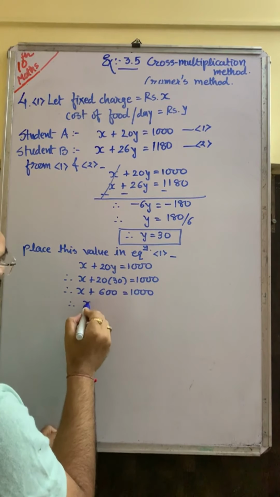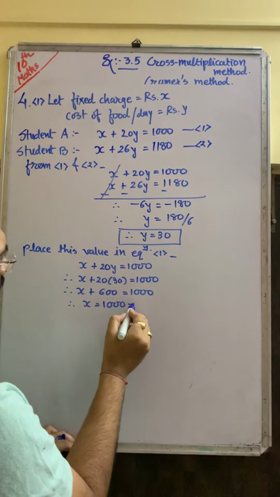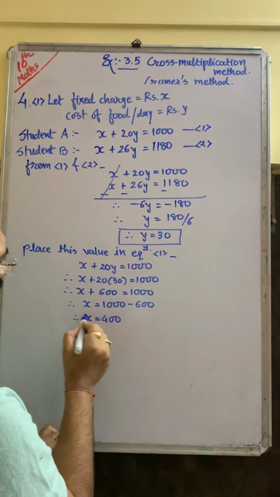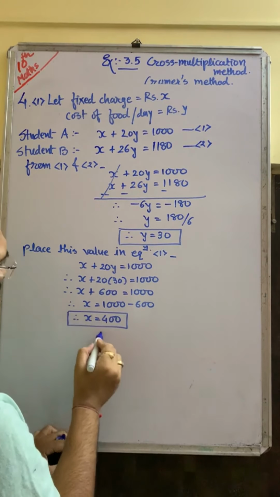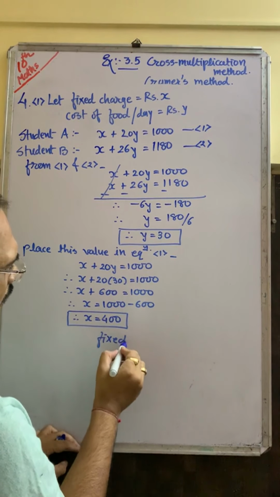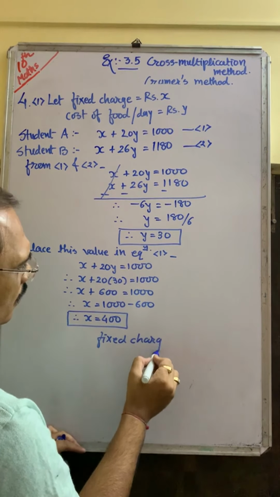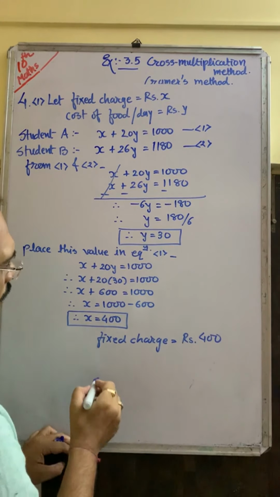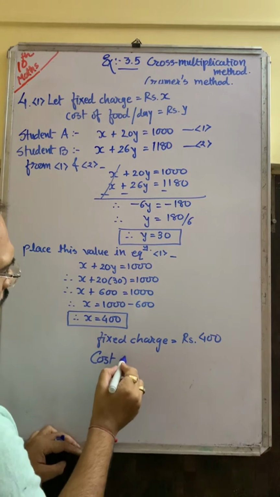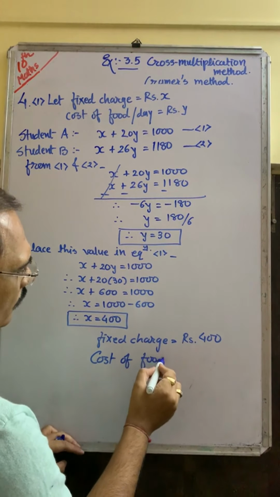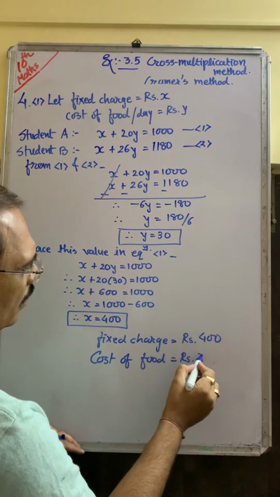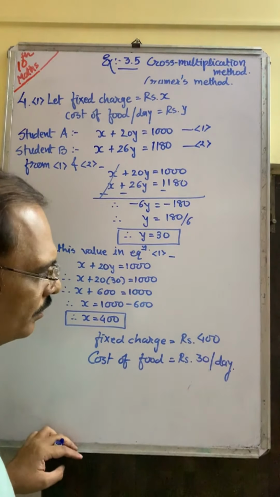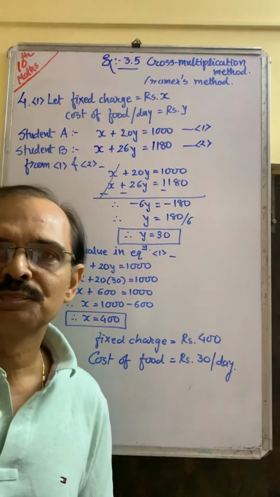Plus 600, move to the other side. 1000 minus 600, so x equals 400. So what is your answer? Fixed charge is rupees 400 and cost of food is rupees 30 per day. Very cheap, isn't it?